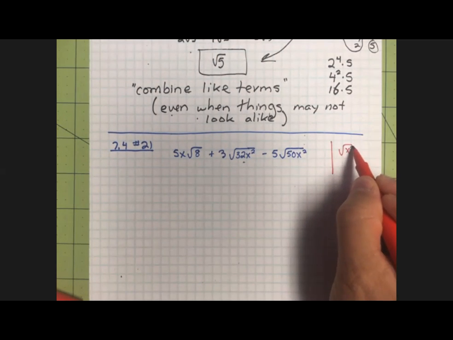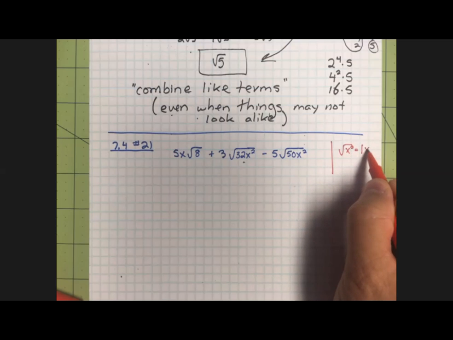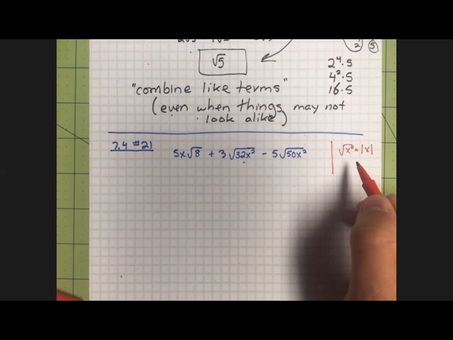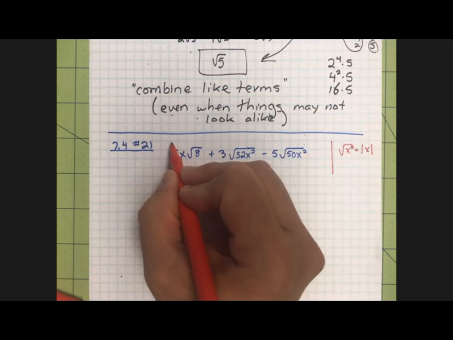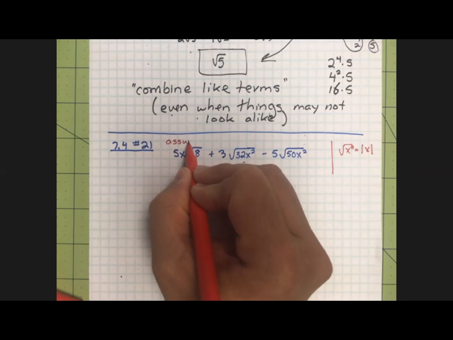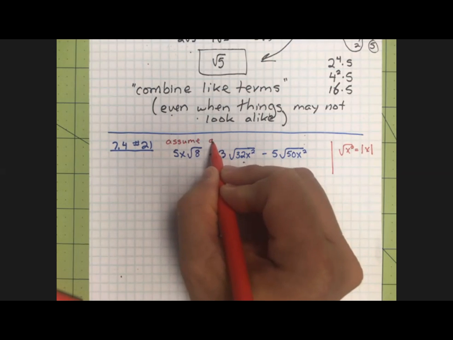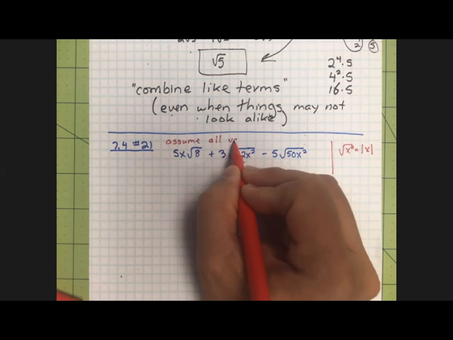Is the square root of x squared equal to the absolute value of x? In general, yes. But look at the instructions of this problem. The problem said, assume all the variables are non-negative, the whole batch of problems.